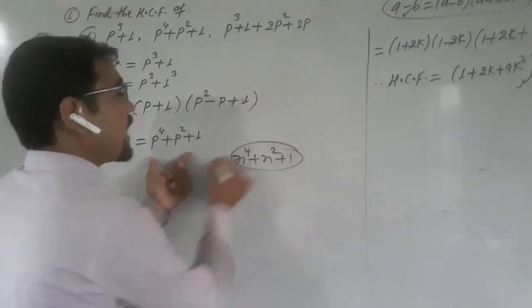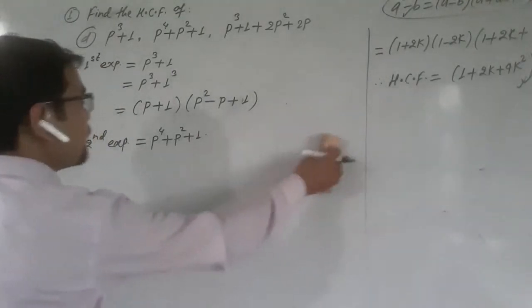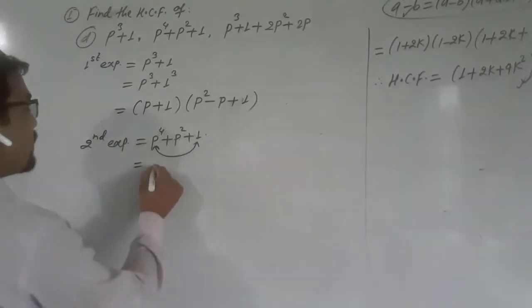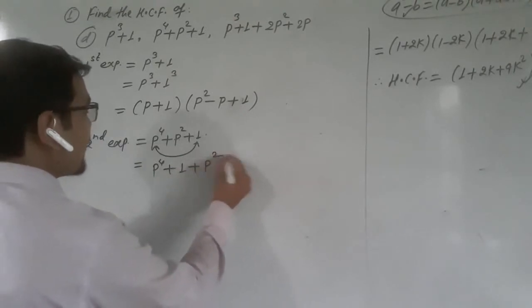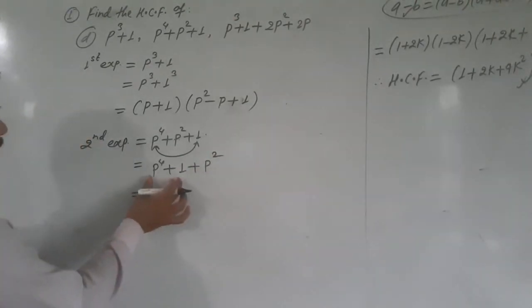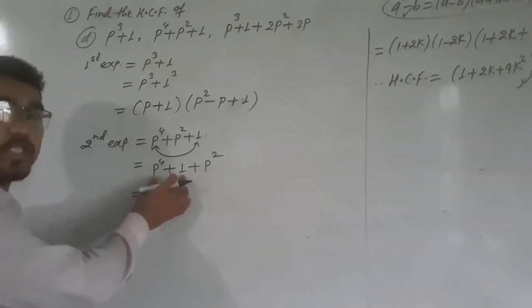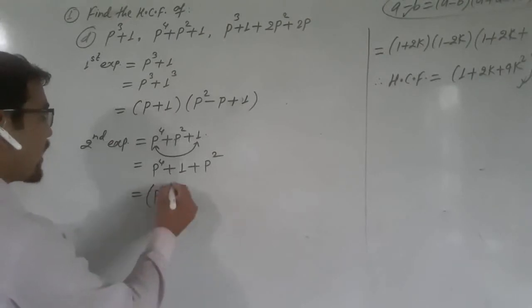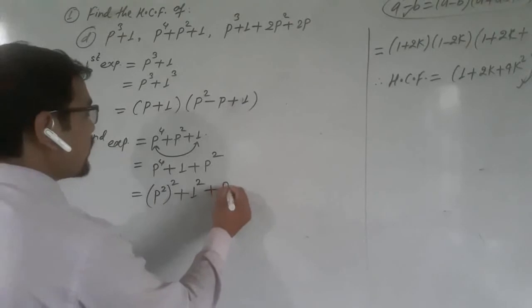Such a type of expression I did already, so in that same way we can do this question. Here we have to arrange the first and last term: p to the power 4 plus 1, plus p square. We write the first two terms in the form of a square plus b square, that is p square whole square plus 1 square, and plus p square we keep as it is.